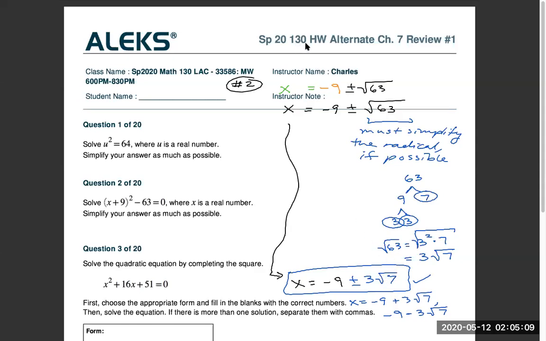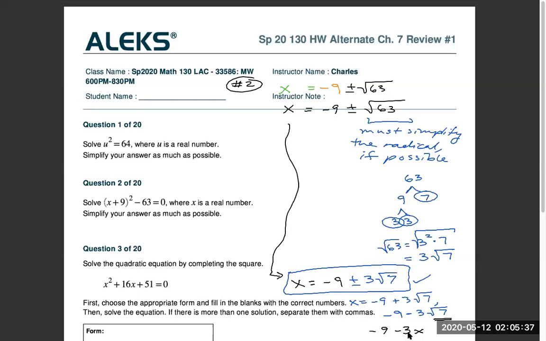Would you add up the -9 and the -3, or you just kind of leave it there? No, because they're not like terms. So remember, go back and review that last video. Essentially, whenever your radicals aren't the same, like see how we have a radical 7? It's kind of like saying -9 minus 3x.